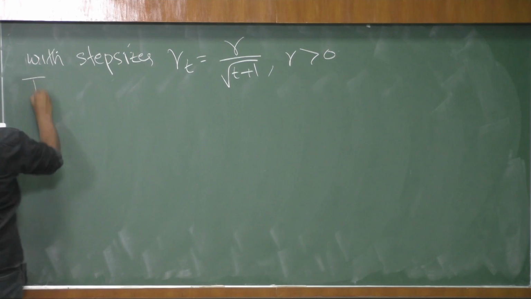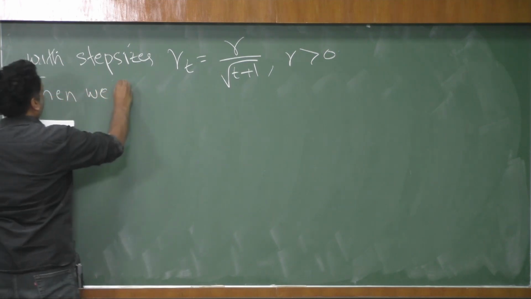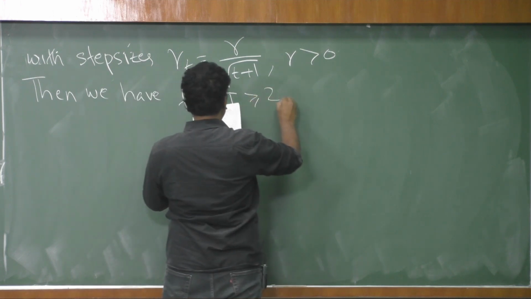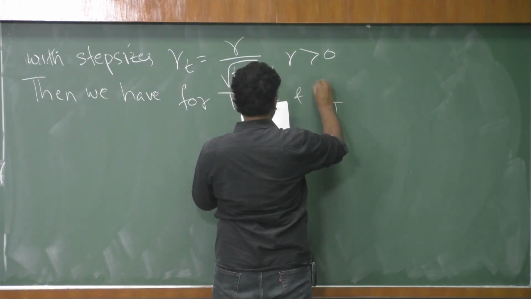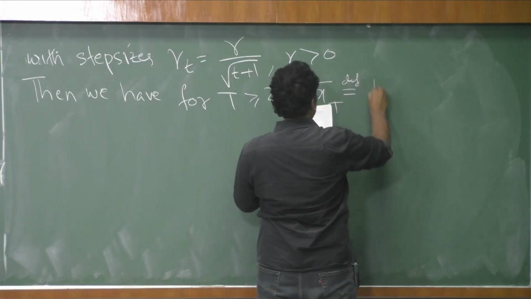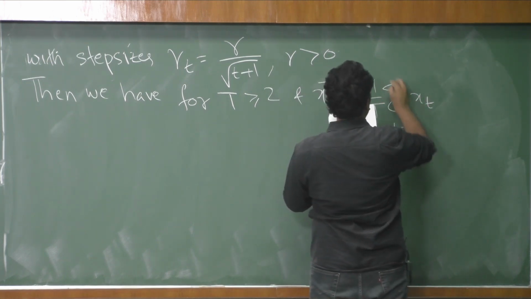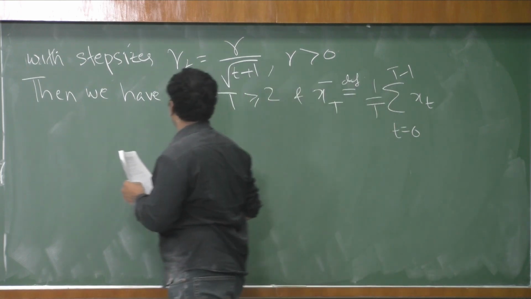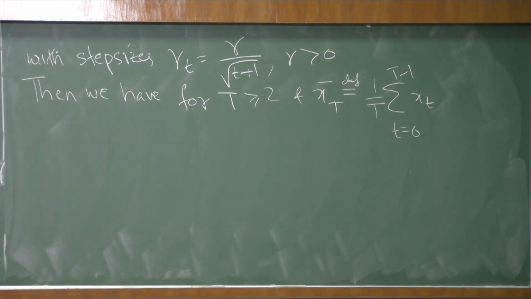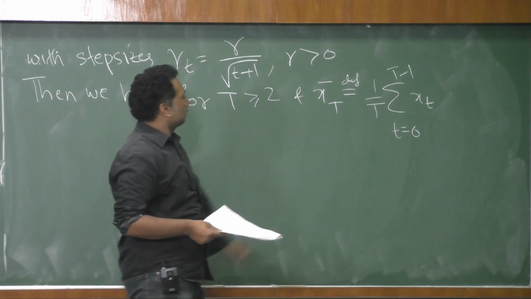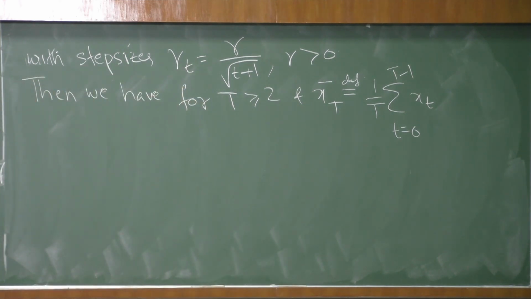Then we have, for t greater than or equal to 2, and xt bar defined to be 1 by t times the sum of xt from t equals 0 to t minus 1. So now again this convergence result is on the average of the iterates, right? If you can see this analysis that we are doing, either we suit last iterate convergence or average iterate convergence.